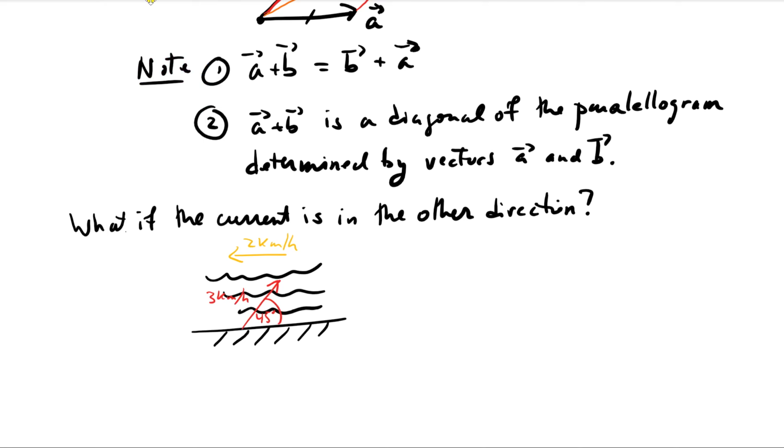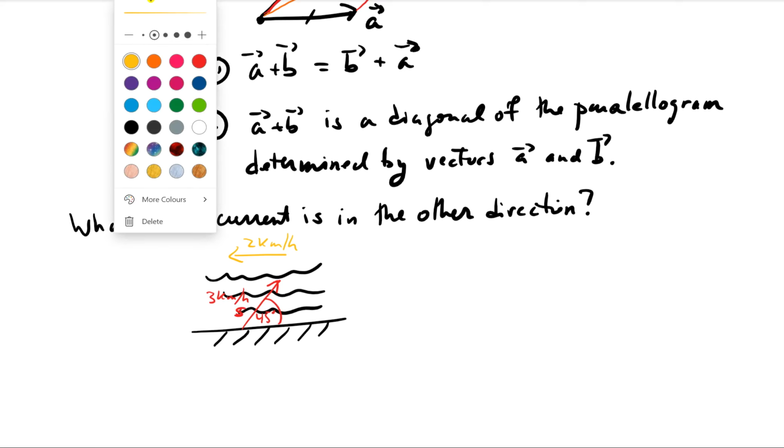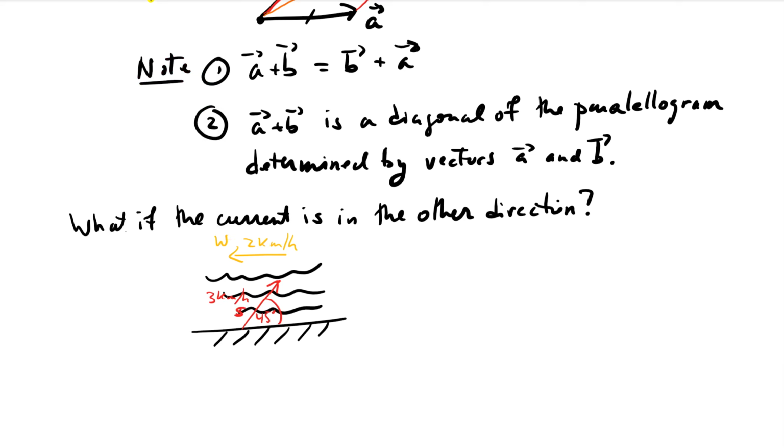Well, notice that to get the resulting vector, all we're going to do is, so this is again vector, let's say S here for the swimmer, and W for water. Okay, well, not equal, this is just W. So to get the resulting vector in this case, what are we going to do?